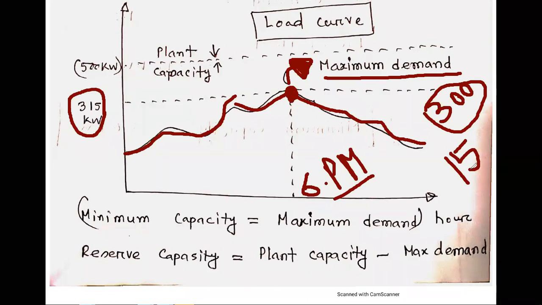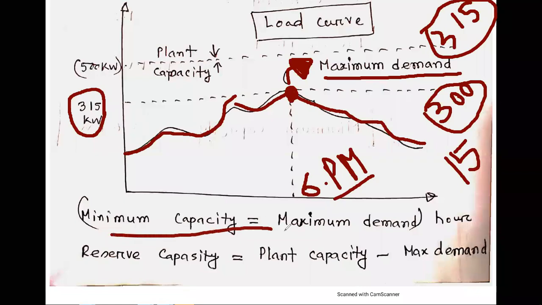So to supply the whole area without load shedding, the minimum capacity of the power plant should be the maximum demand. Because if the capacity is 315, at the maximum demand time at 6 p.m., there will be no load shedding. Always remember, the minimum capacity is always the maximum demand.